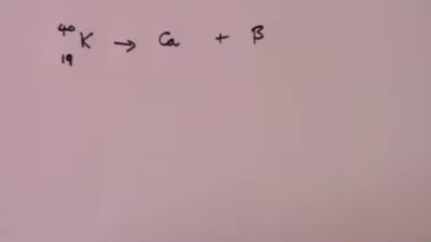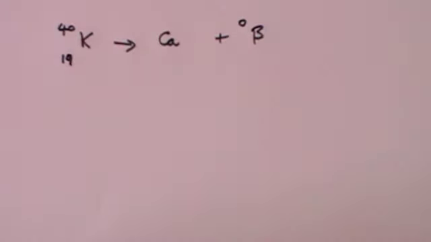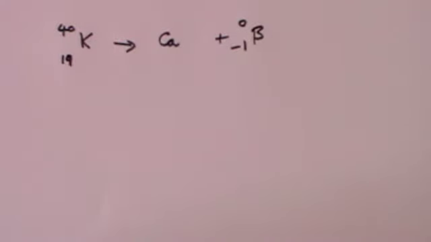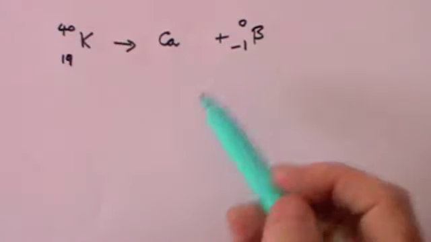A beta particle is of course an electron, which means it will have no nucleons because it's a lepton, and its charge will be minus 1. And so now all we've got to do is to conserve the nucleon number at the top and the charge number at the bottom.